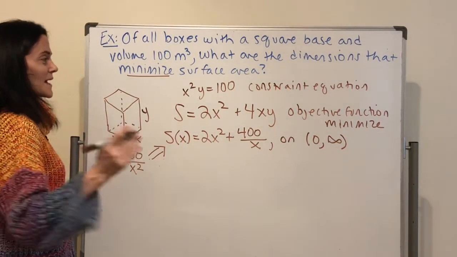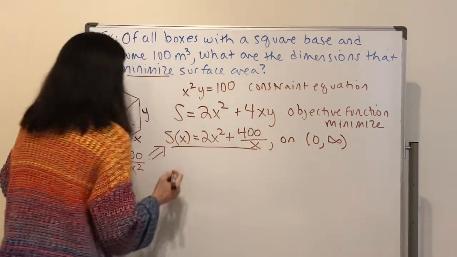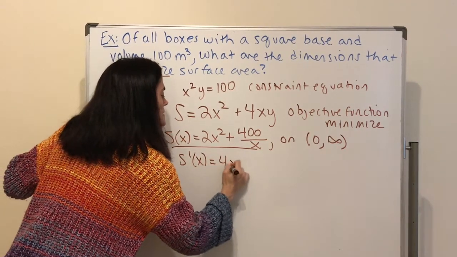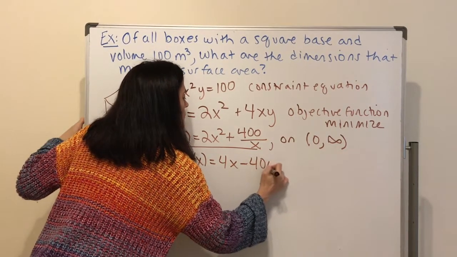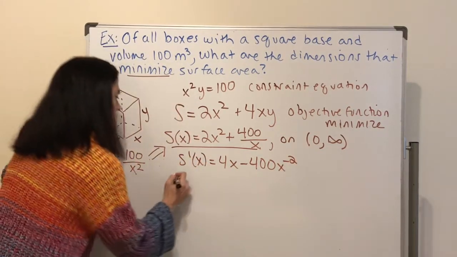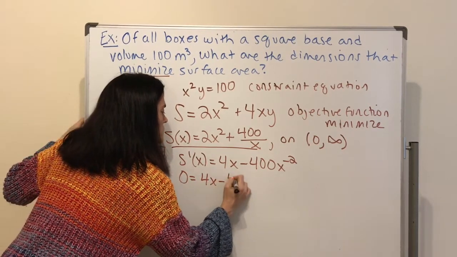Okay, great. And we want to, I have it here, minimize. So here is the function I'll work with. Now let's take the derivative. 4x minus 400x to the minus 2. We want to set this equal to 0, and I will write it this way.